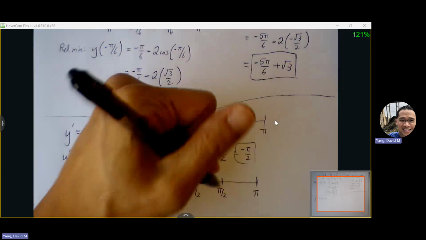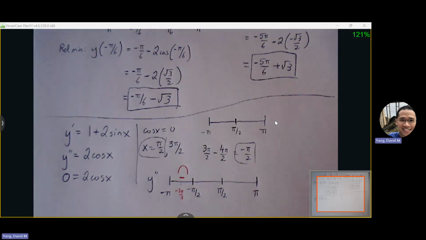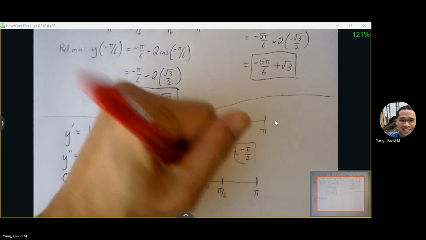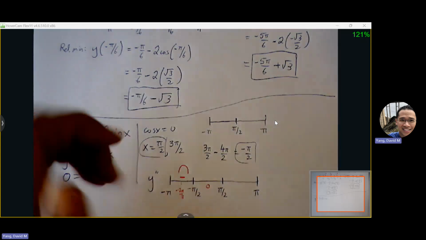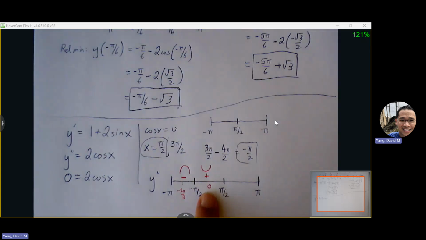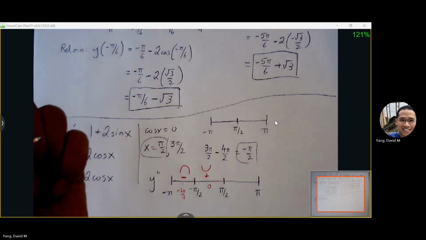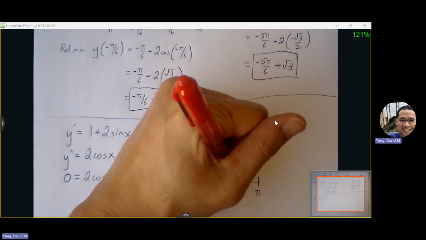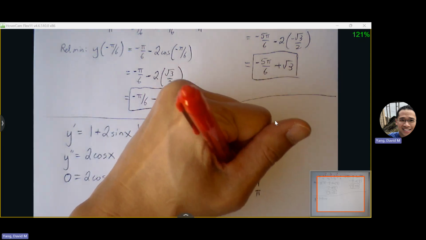Between negative pi over 2 and pi over 2, we can pick 0. Cosine of 0 is positive. So positive second derivative is concave up. Between pi over 2 and pi, I can choose 2 pi over 3.